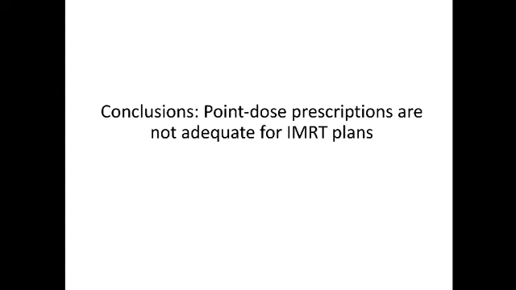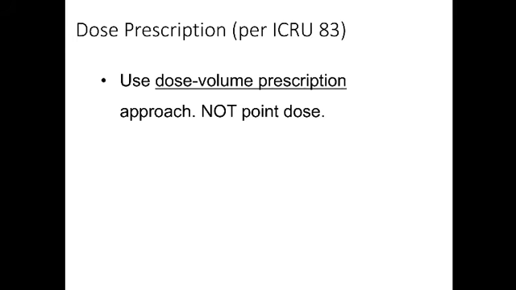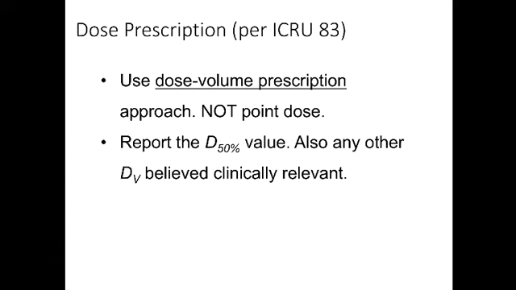So the final conclusion of these considerations is that point dose prescriptions are really not adequate, especially for IMRT plans. And that leads to the way that we should prescribe dose, and what ICRU 83 recommends: use a dose volume prescription approach, not a point dose. They also advocate that the D50% value should be reported. That seems to be more consistent.